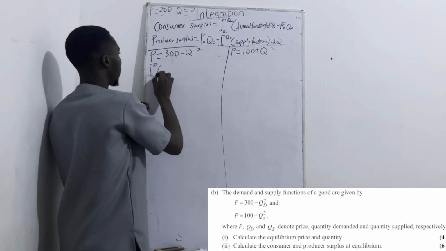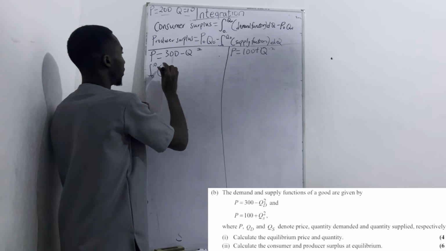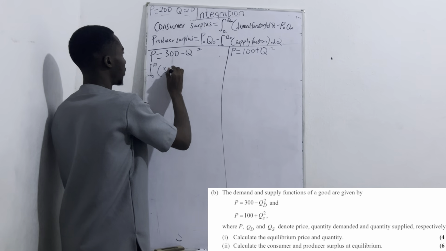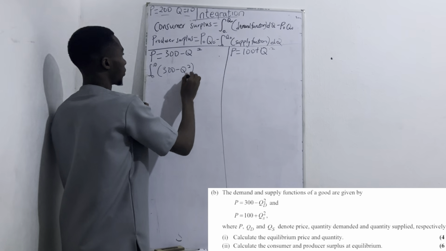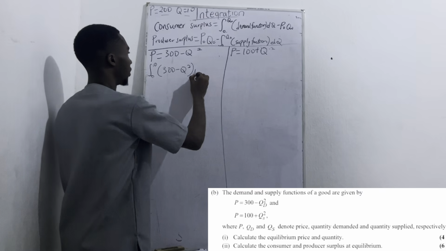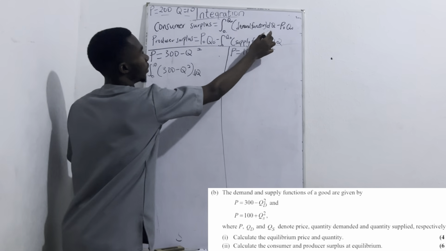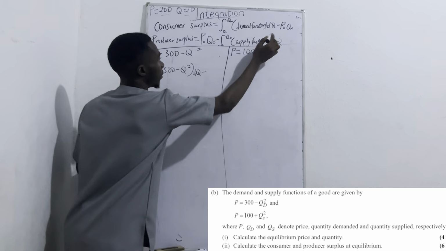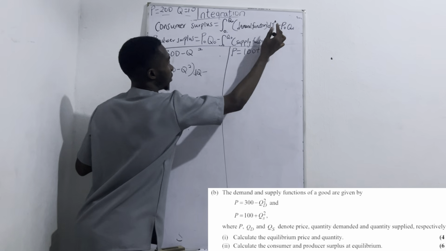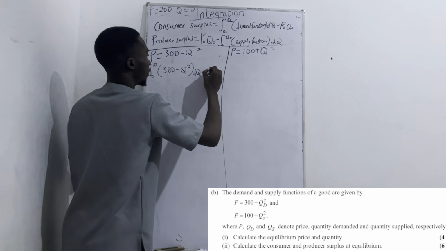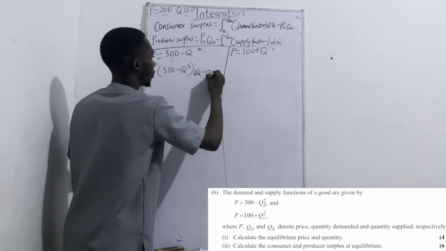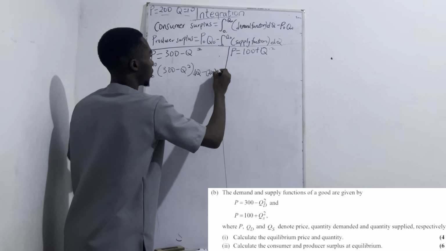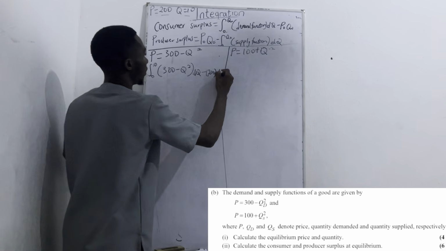Then into brackets the demand function, 300 minus K squared, dK, then minus price times quantity. So where is our price? Our price is 200, then our quantity is 10.